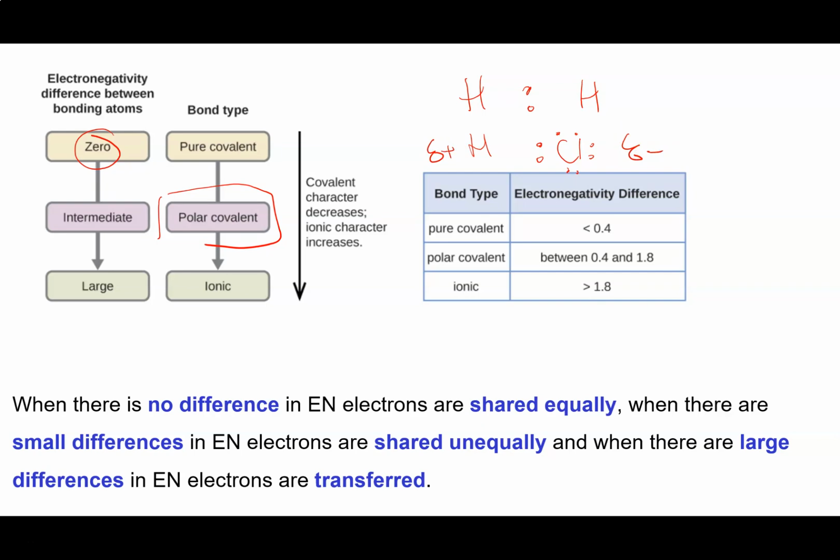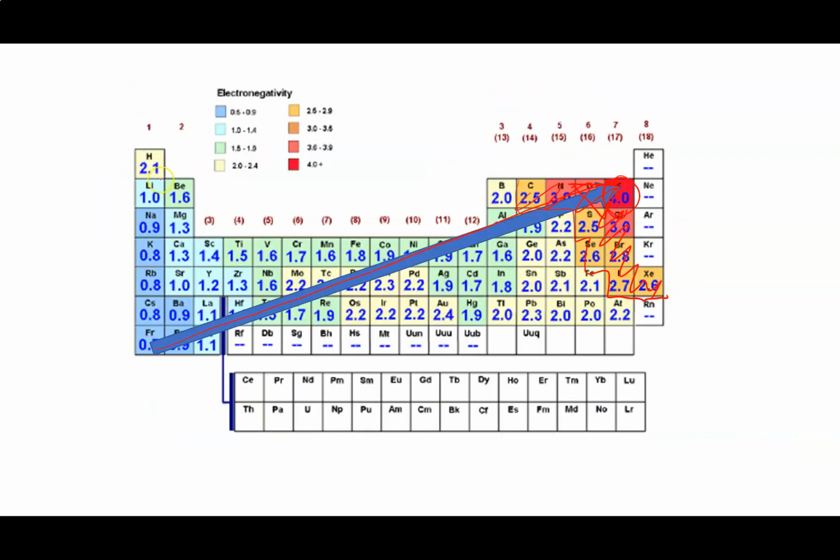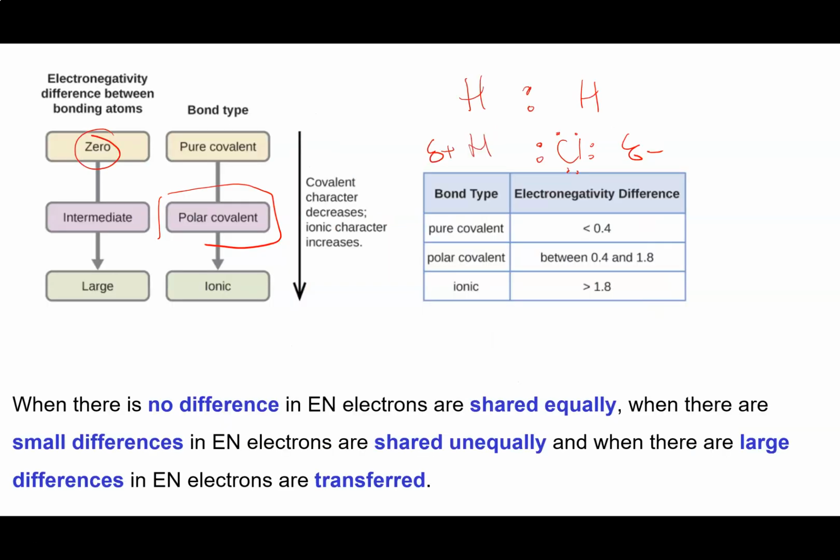Now, if we have really, really big differences in electronegativity, like between a metal and a non-metal, because all the metals have really low electronegativities and the non-metals all have really high electronegativities, then we don't just get unequal sharing of electrons, we get complete transfer of the electron.